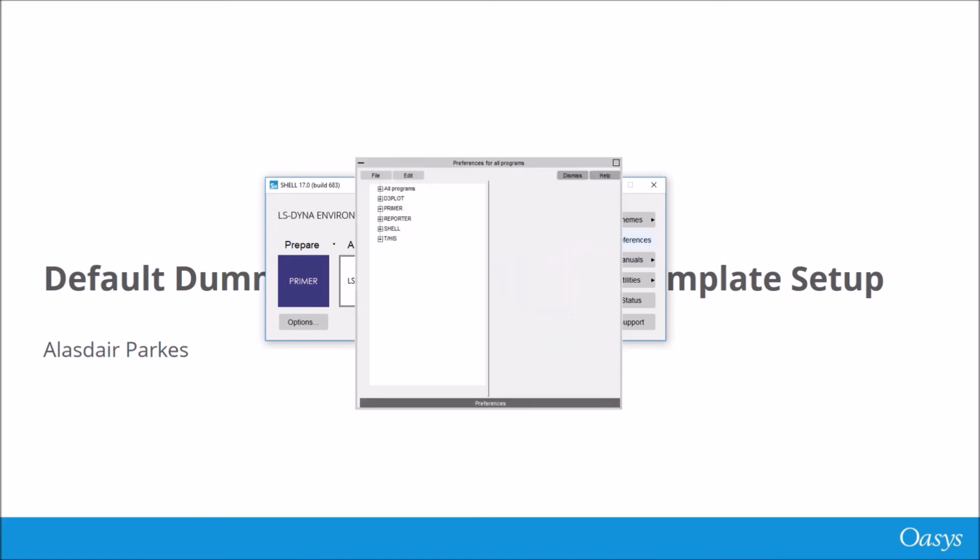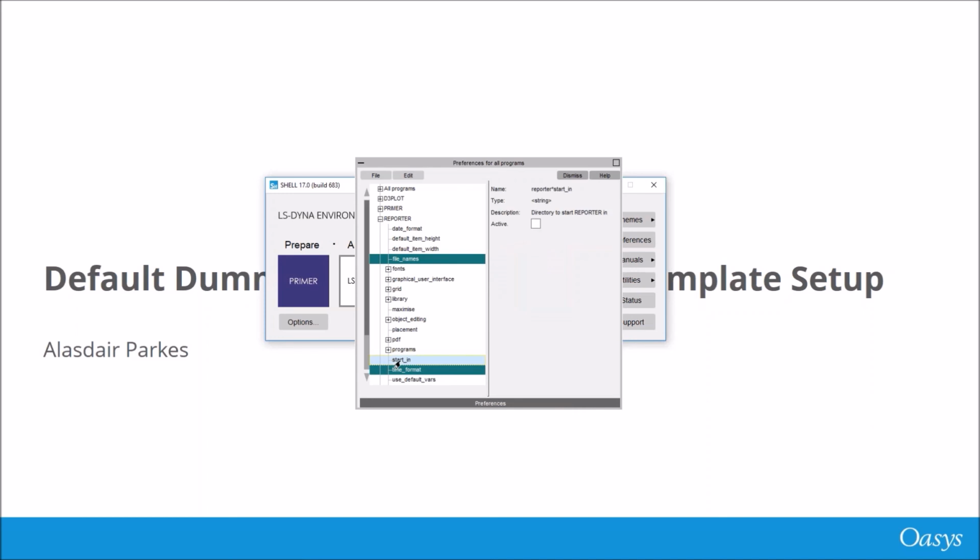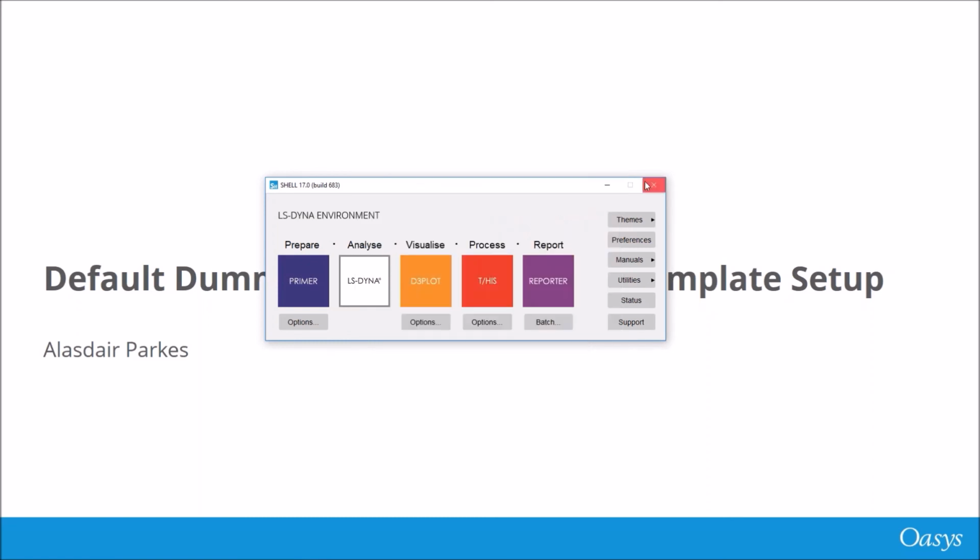If I click on Preferences and then choose Reporter and Start In, make the preference active, and then I just need to set the starting directory to somewhere that I have write permissions. So this could be my Documents area, or on Windows, my User Profile area. Then I save the preference and we'll be ready to go.